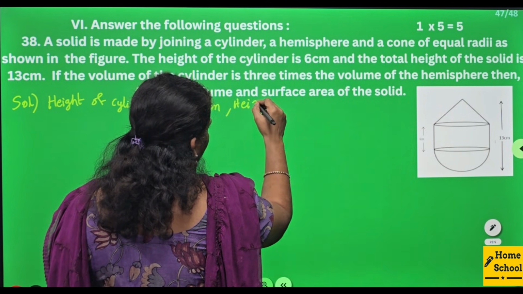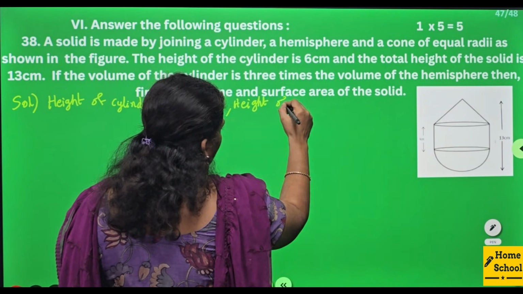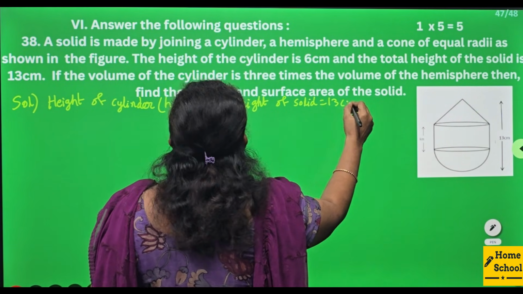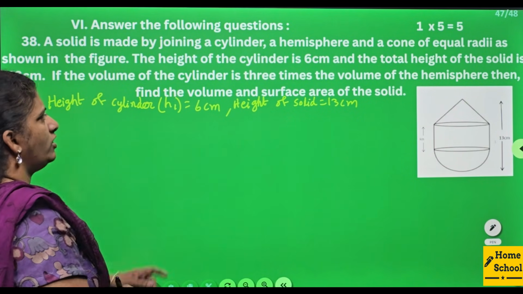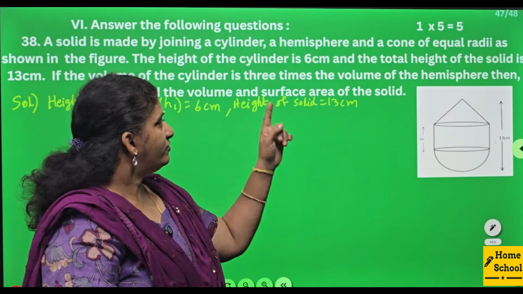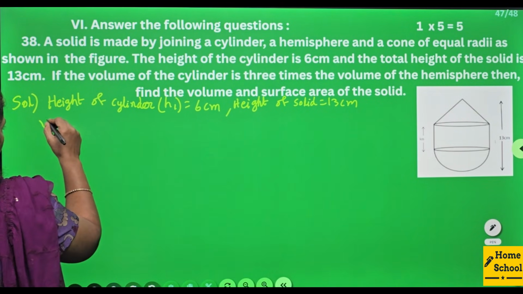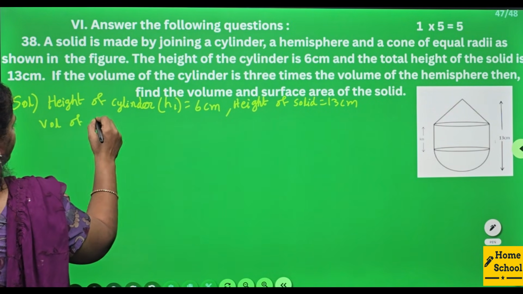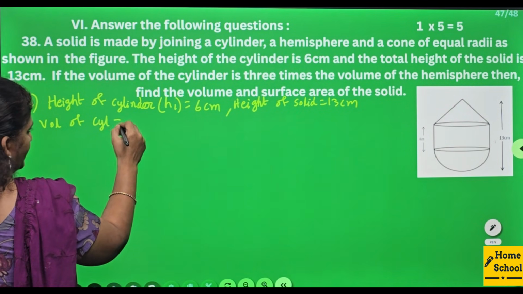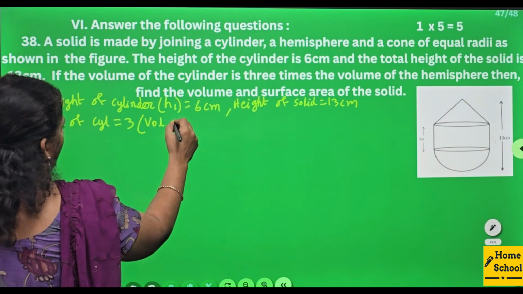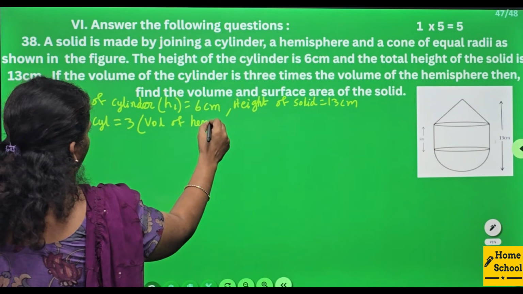Total height of the solid is equal to 13 centimeters. If the volume of the cylinder is 3 times the volume of hemisphere, volume of cylinder is equal to 3 times volume of hemisphere.